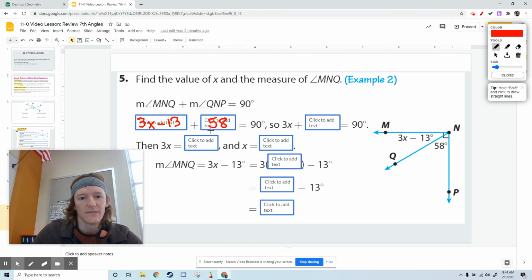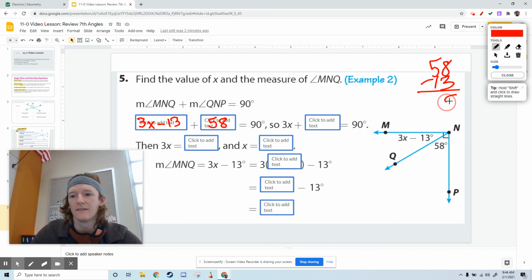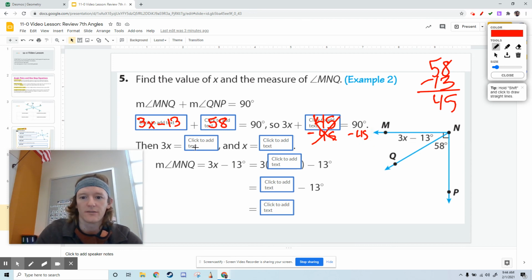So that'll be 58 minus 13, 45. Then we'll subtract 45 from both sides. We'll get rid of this. So 3x equals 45. And then finally, we divide by 3. So we get x equals 15.